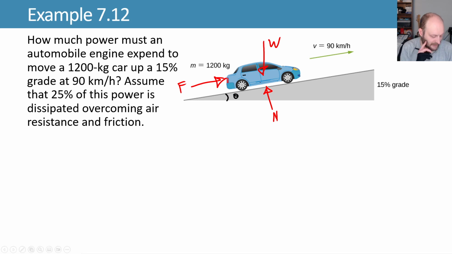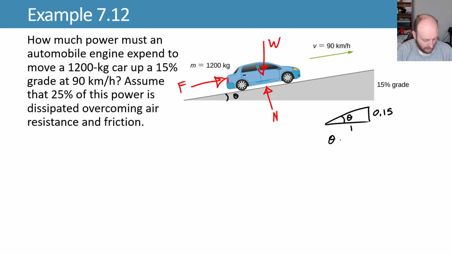It's a 15% grade. Okay, we have to figure out what a 15% grade even means. Let's try that. 15% grade means that it's the angle that will give you for every 1 unit that you move horizontally, you move up 15% of that.